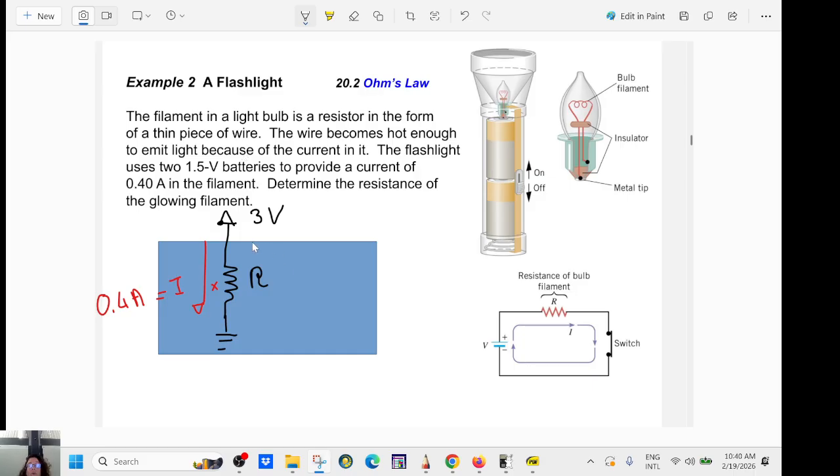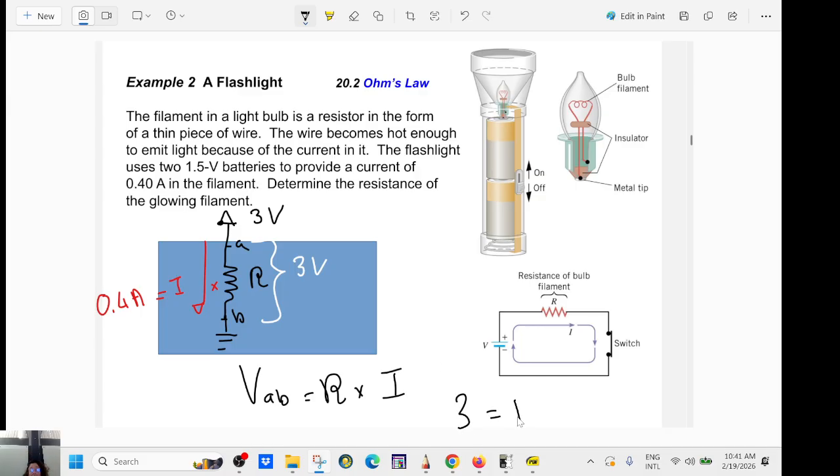So you see that the voltage drop here is just 3 volts. Ohm's law says that the voltage drop between A and B, so this is A and this is B, equals the resistance of the load times the current going through it. It's very important that you remember it's a voltage drop. It's like measuring the height.